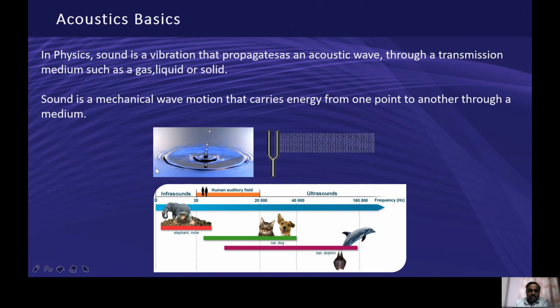You can correlate the situation that it propagates an acoustic wave through a medium, and that medium can be a solid, air, or gas. The speed of sound is higher in solids when compared to gas or liquid. Sound is a mechanical wave motion that carries energy from one point to another through a medium. That is what is called sound.